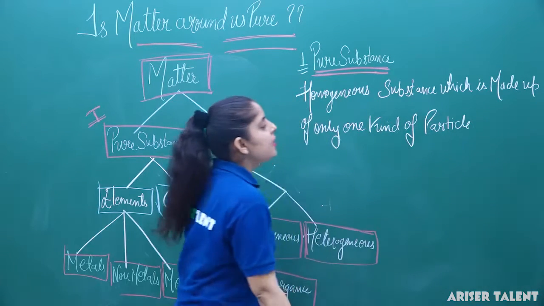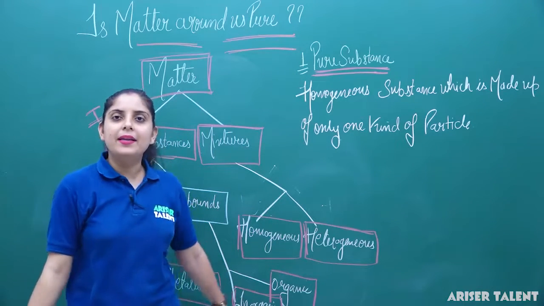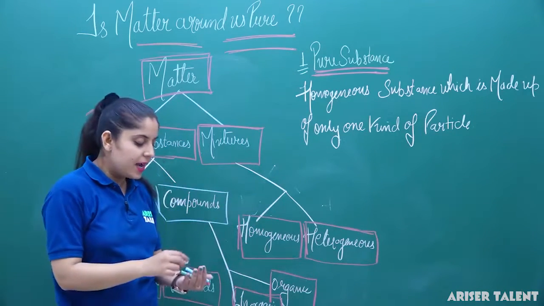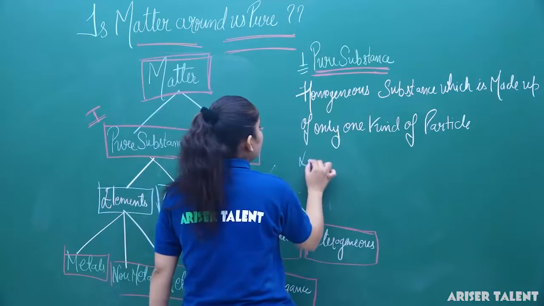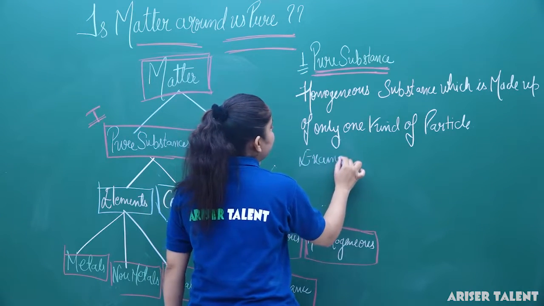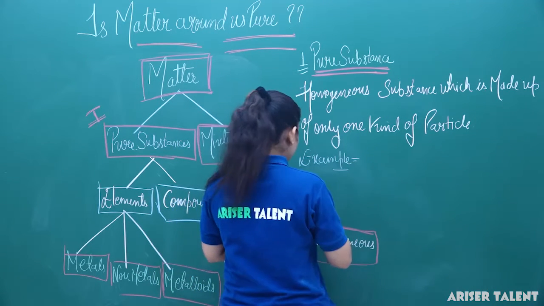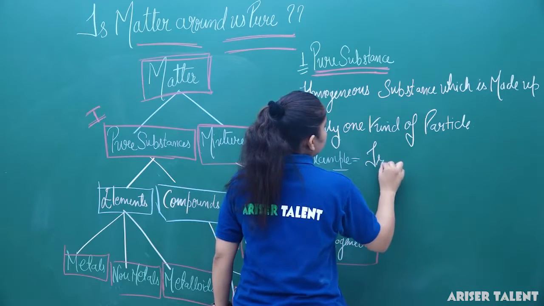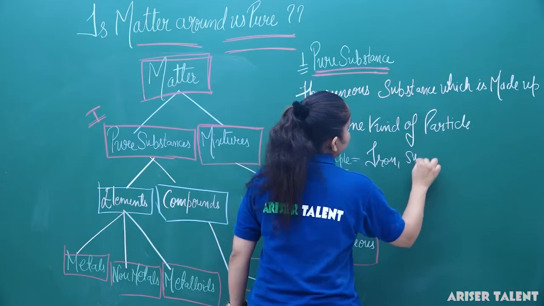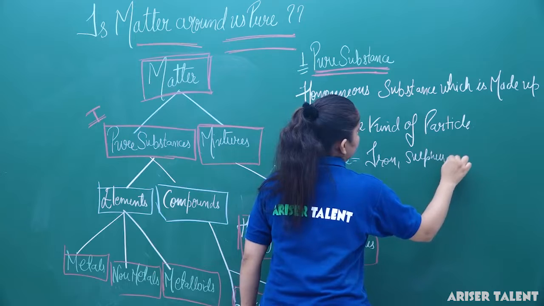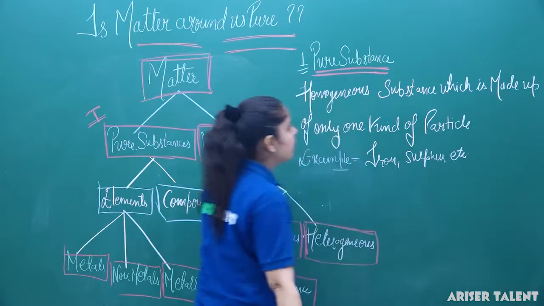If a component is made up of only one kind of particle, we can say it is a pure substance. And what will be the example in this category? There are many examples in this category like iron, sulfur, etc. Many examples we have.